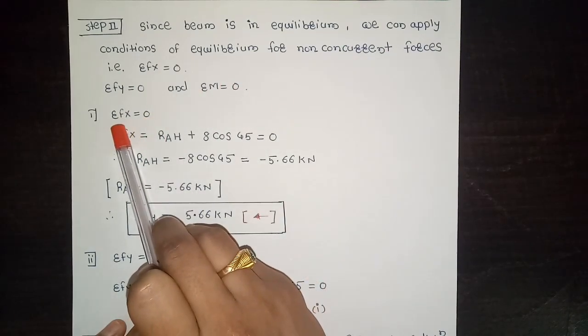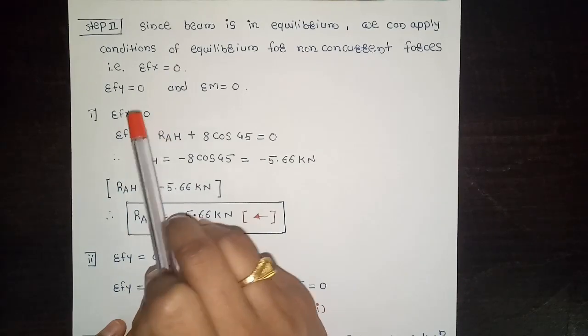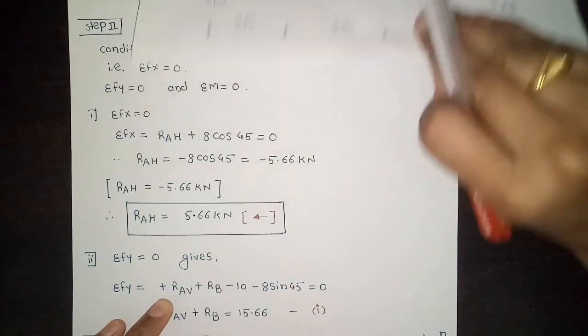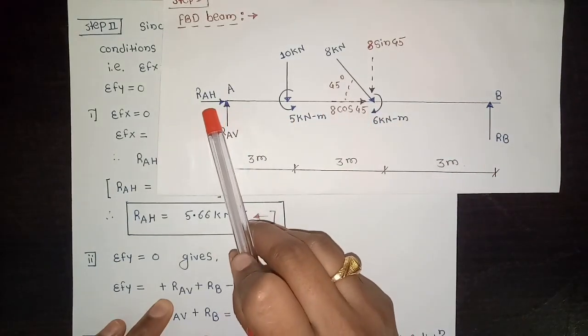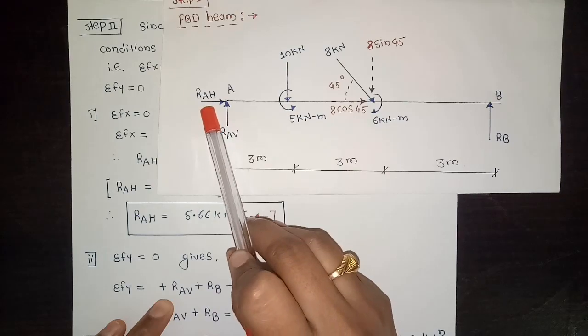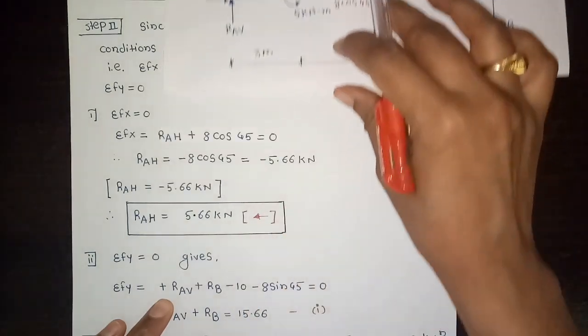So first, summation Fx is equal to 0, algebraic sum of all x components. See this free body diagram. There are two horizontal forces, RAH and 8 cos 45.